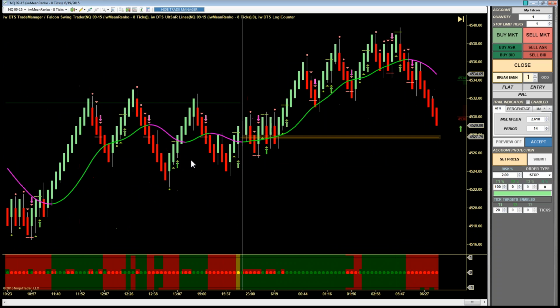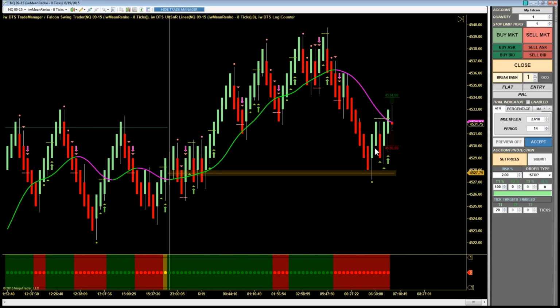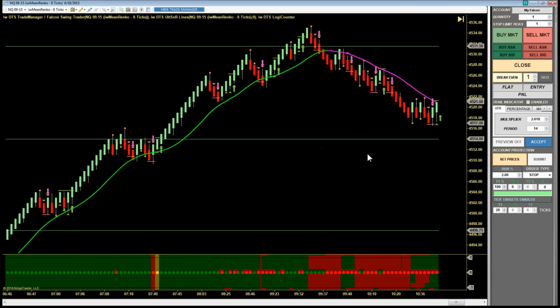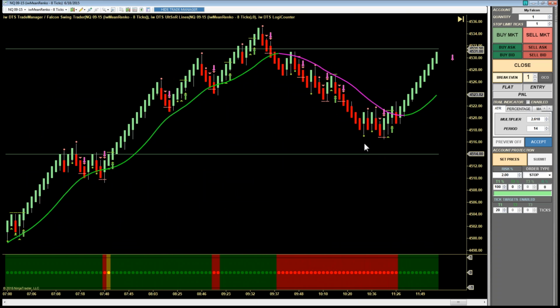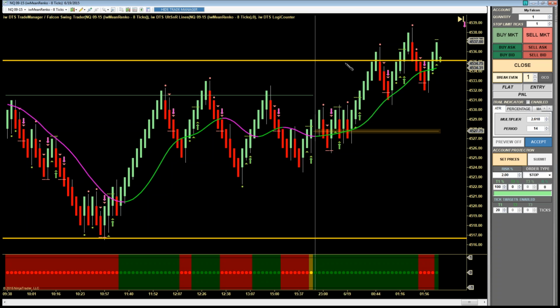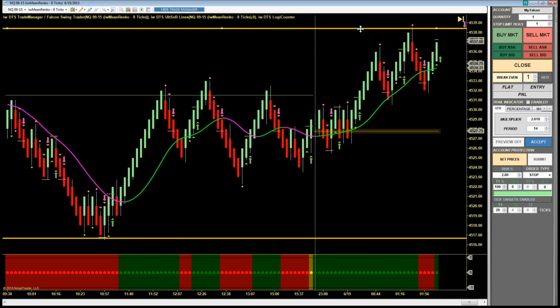Okay, so then the market floundered a little bit higher in the overnight, and now here we are working on a trend change signal to the downside. And like I said, this is the first morning we have opened without a gap all week. And it looks like we are stuck in a little bit of a trading range looking something like this. Actually, let's make this a little bit bigger.